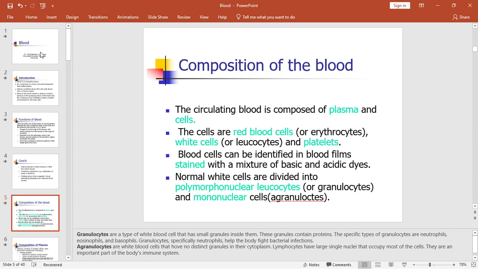Interestingly, the white blood cells have two categories. So you've got what are known as polymorphonuclear leukocytes. The polymorphonuclear leukocytes shouldn't sound complicated. It's basically granulocytes. And you also have mononuclear leukocytes, which are basically agranulocytes.